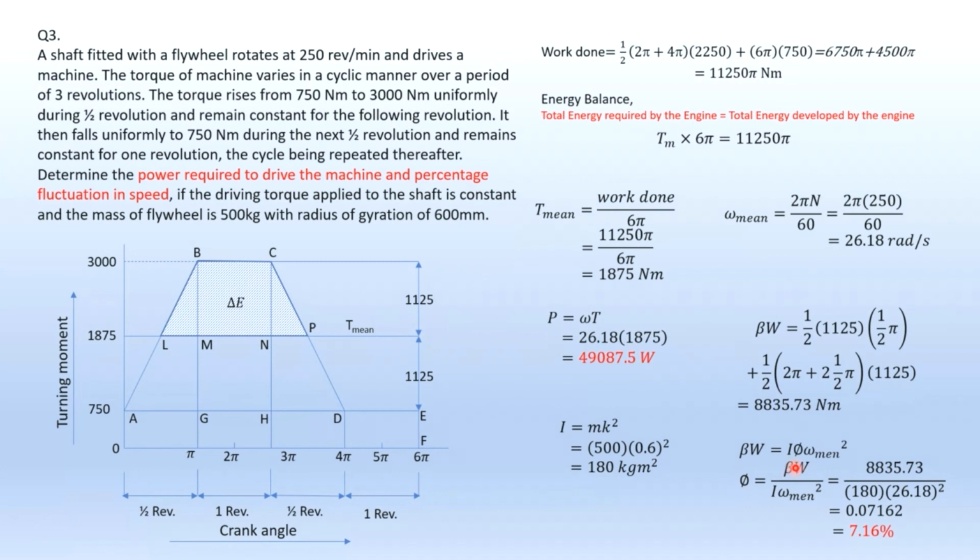So you have phi equal to beta W over I omega squared; you substitute your beta W and your mean speed here. You should get 0.0762. Then times 100, you will get it in terms of percentage. That's example 3 for today.